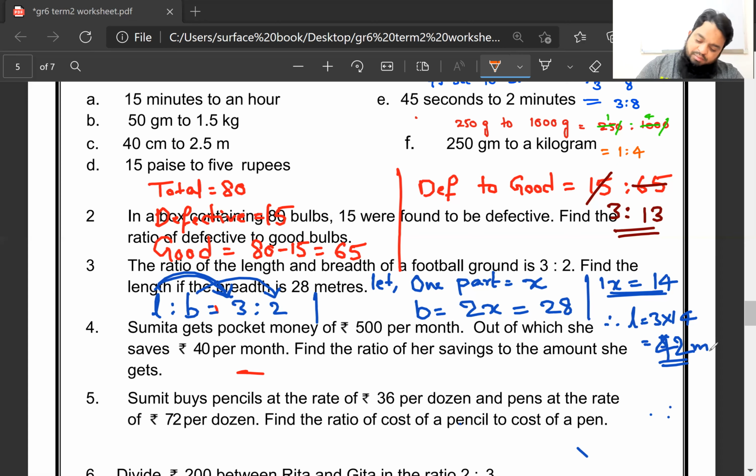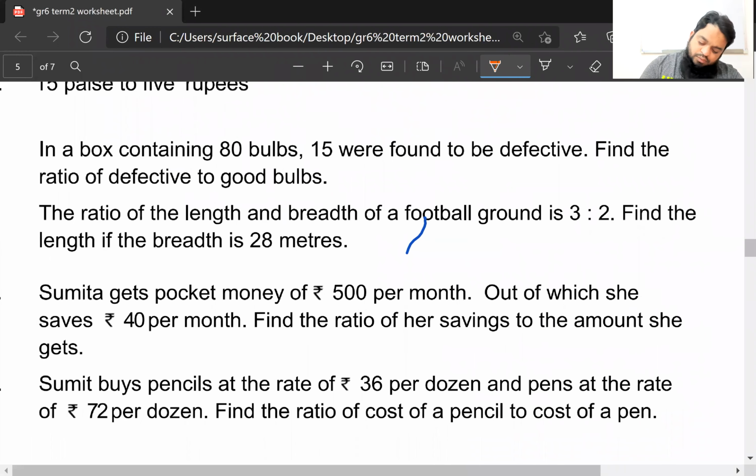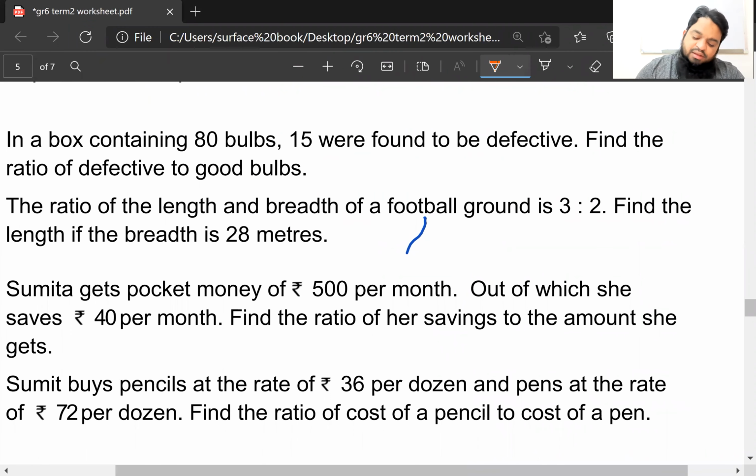Okay. Let me repeat it one more time. See, here, it is given that the ratio of length and breadth of a football ground is 3 is to 2. So length is to breadth is equal to 3 is to 2.